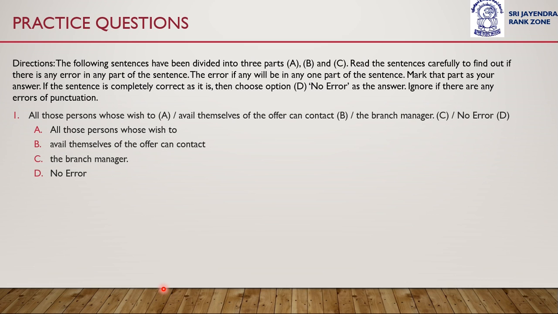So the first question is: All those persons whose wish to avail themselves of the offer can contact the branch manager. So where do you think there is a mistake?